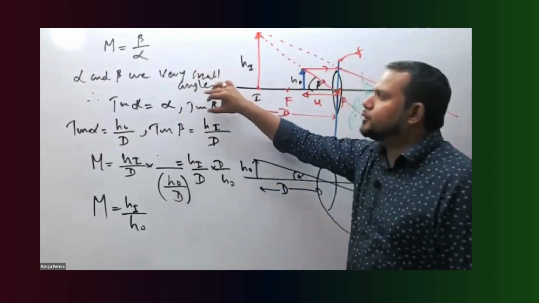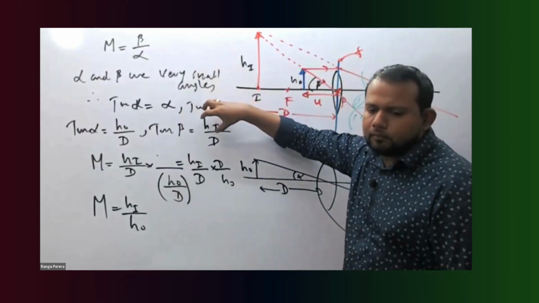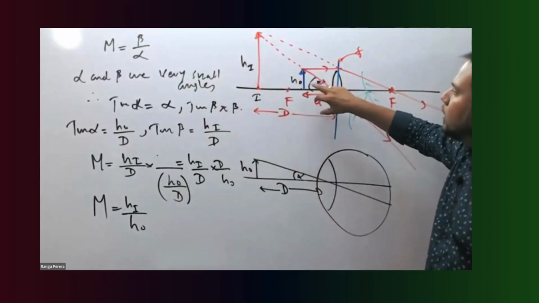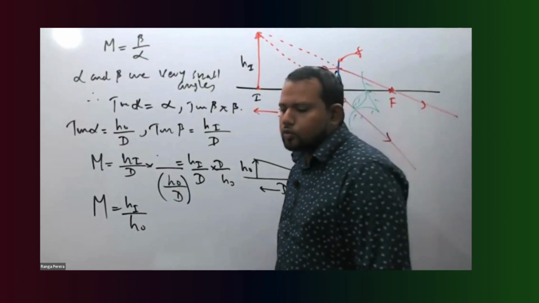They allocate marks for these definitions, these points, so don't forget. Arrowheads must be there, beta mark, alpha mark here. Like that, you need to do those things.